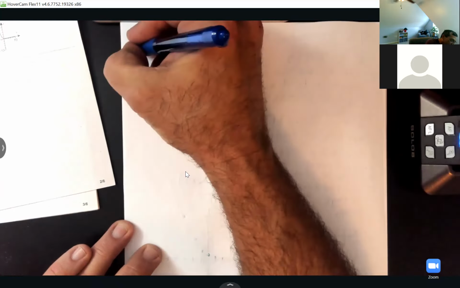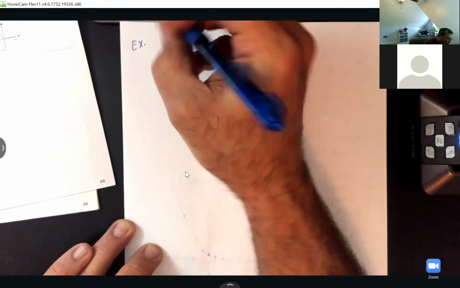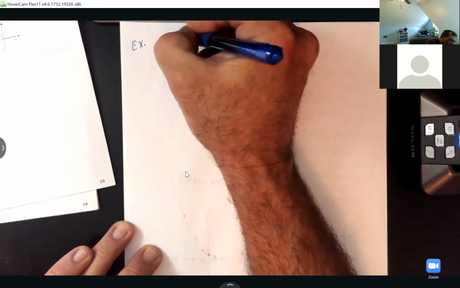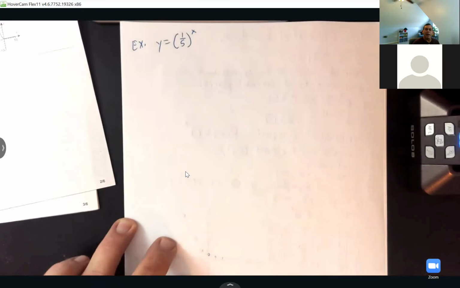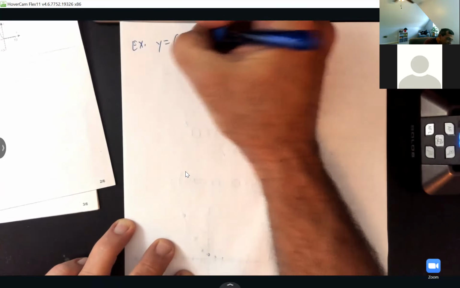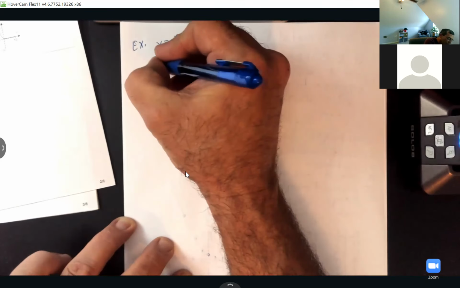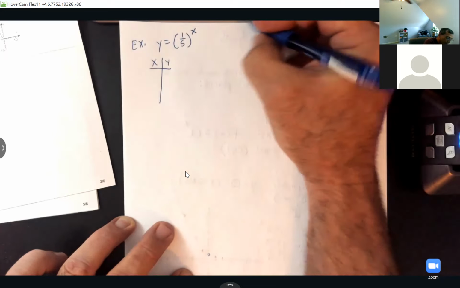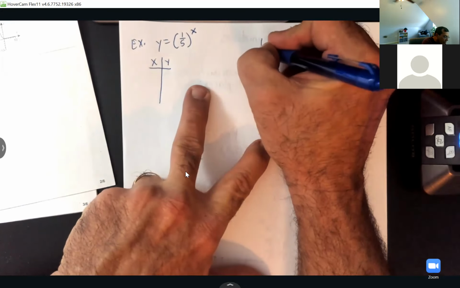All right, so let me show you one that has the same shape, but it heads in an opposite direction. So watch this one. I'm going to do y equals 1/5 to the x. So y'all want to make me an x and y table. And then let's make our little graph.